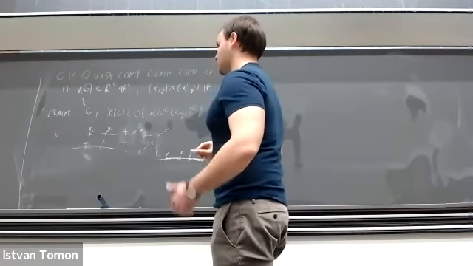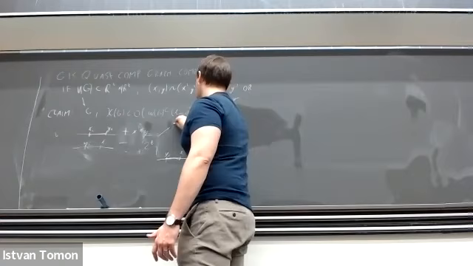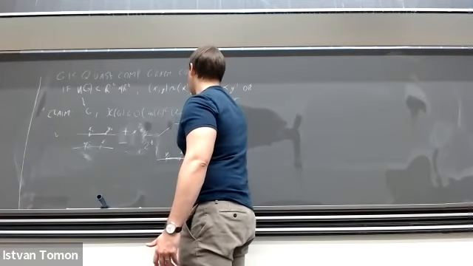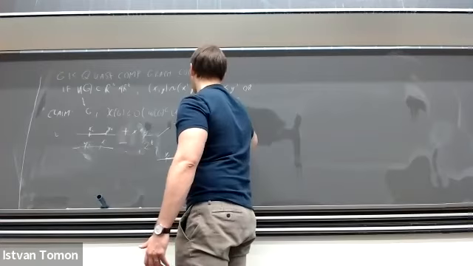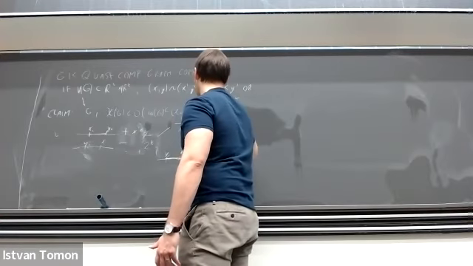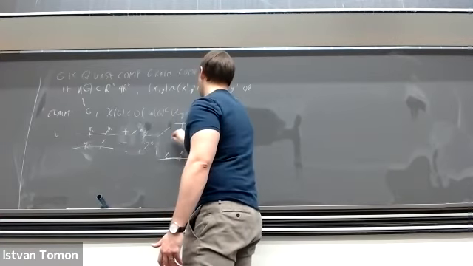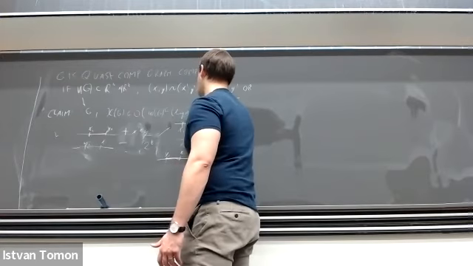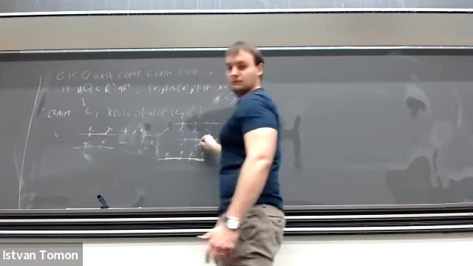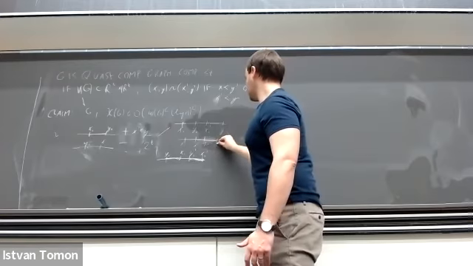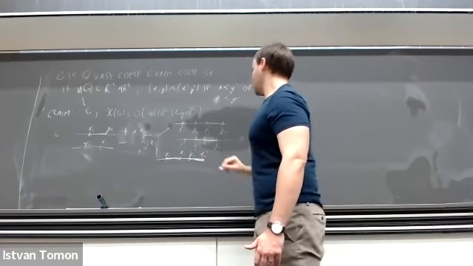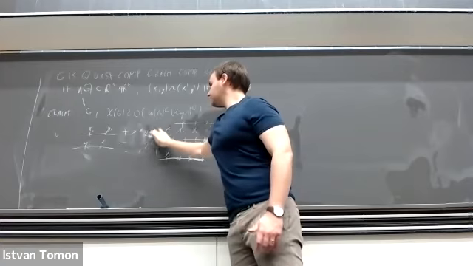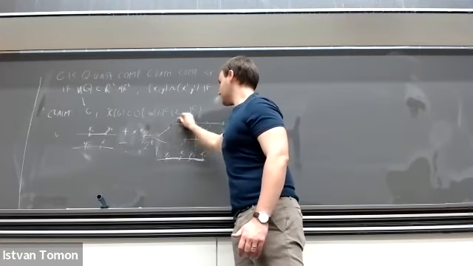However, if we have plus, then we actually have two cases. Again, we can have that xi, yi is completely to the left of xi prime, yi prime, or we can have that these two intervals intersect. So this is somewhat visible.